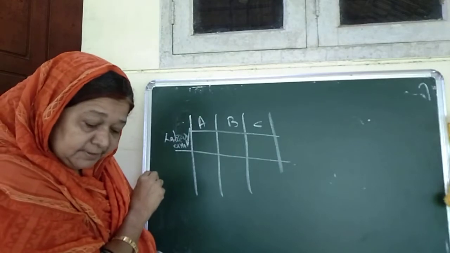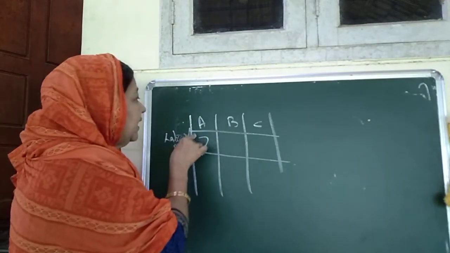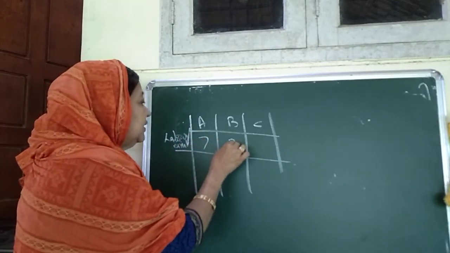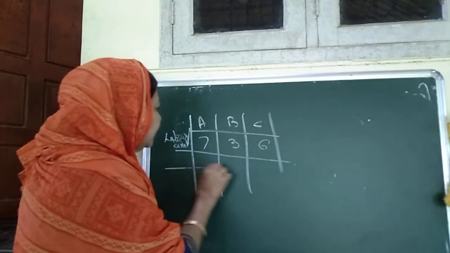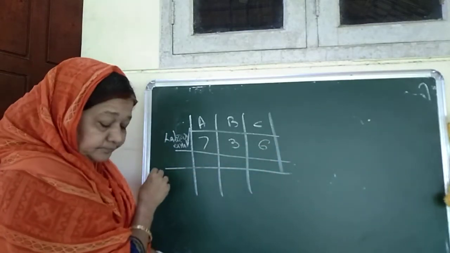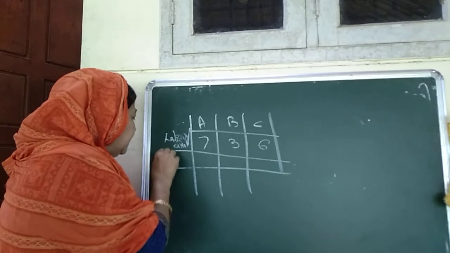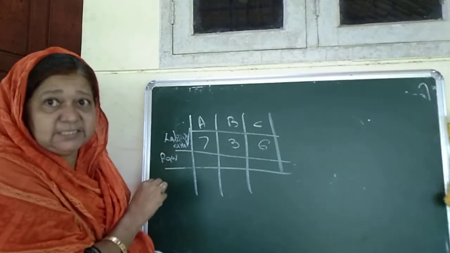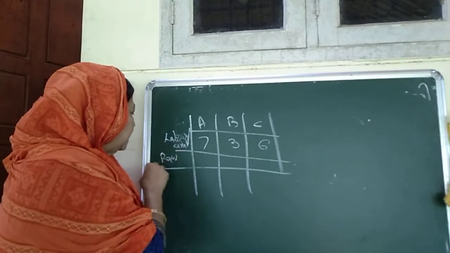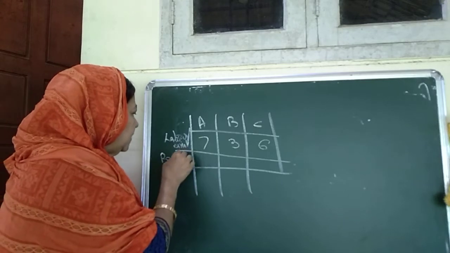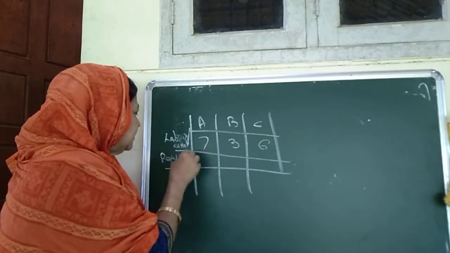It may be say 7 for a product and 3 for another and 6. Similarly, for raw materials, there is also a restriction, that is raw materials required per unit per pound is as follows.